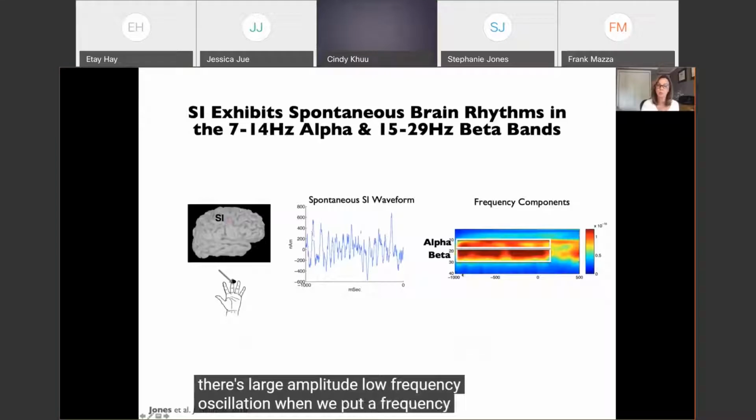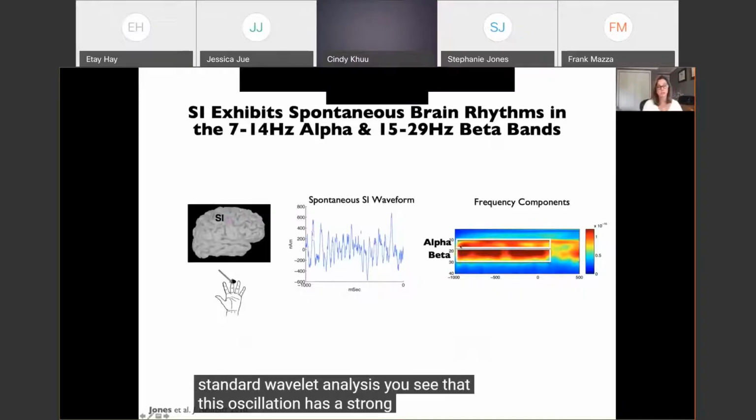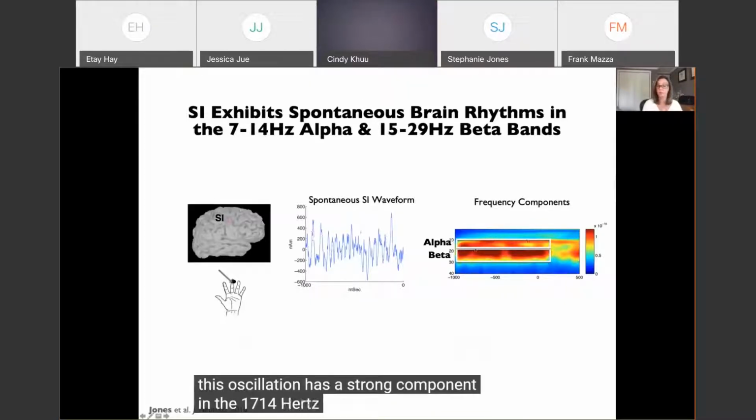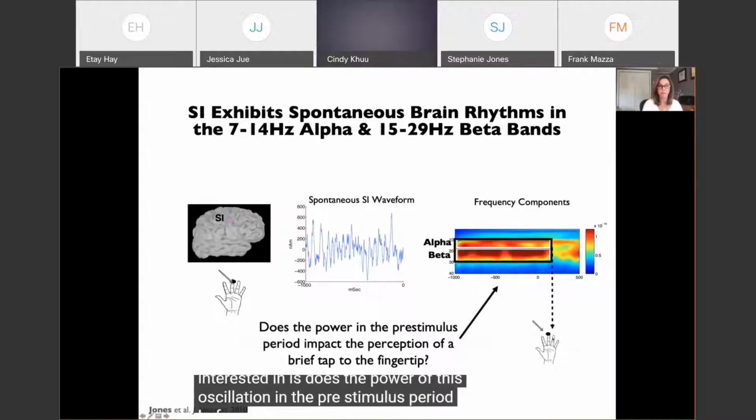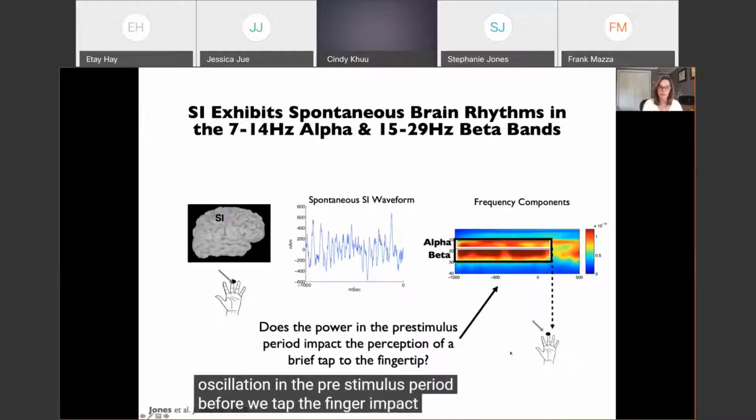When we put a frequency filter on this oscillation using a standard wavelet analysis, you see that this oscillation has a strong component in the 7 to 14 hertz alpha band and in the 15 to 29 hertz beta band. And one of the questions that we were interested in is, does the power of this oscillation in the pre-stimulus period before we tap the finger impact the subject's ability to feel that tap to the finger? And it turned out the answer to that question was yes.